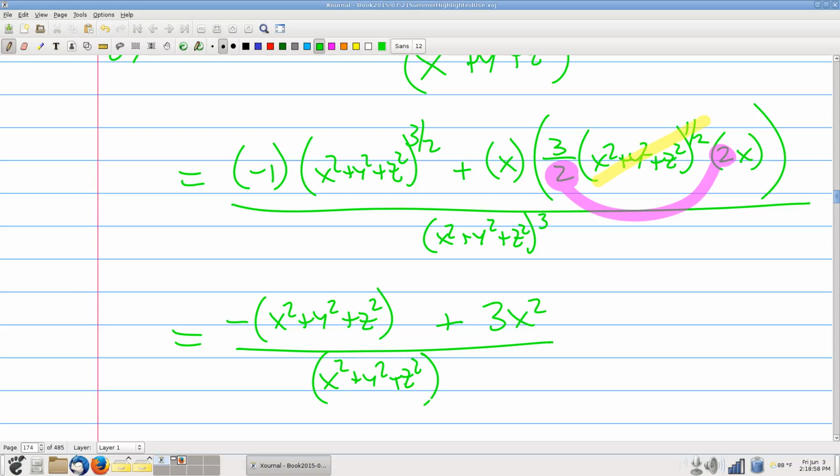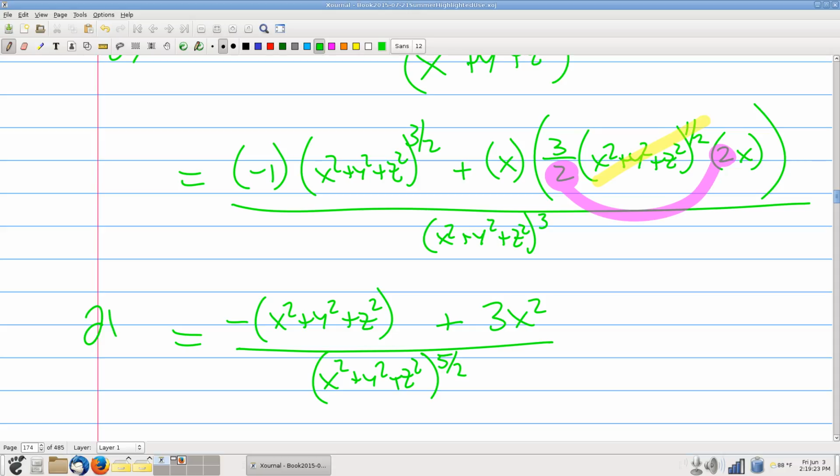Let's not forget we canceled a common factor of that thing to the 1/2, and so all that remains down here is 5/2. Everybody good so far? All right, so we're 1/3 of the way through this calculation now. But it's actually much better than that.